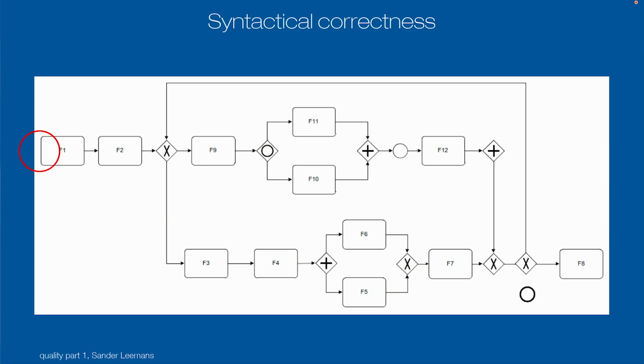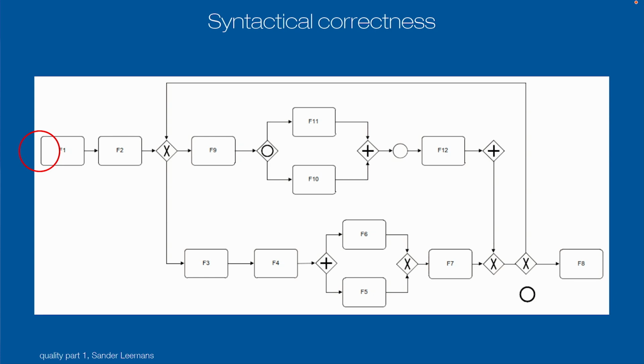First of all, here on the left, we see an activity without incoming sequence flow. Now, this is fine, except if you have a start or end event in your model, and we have both. So this is a violation of the BPMN standard. A structural correctness issue.